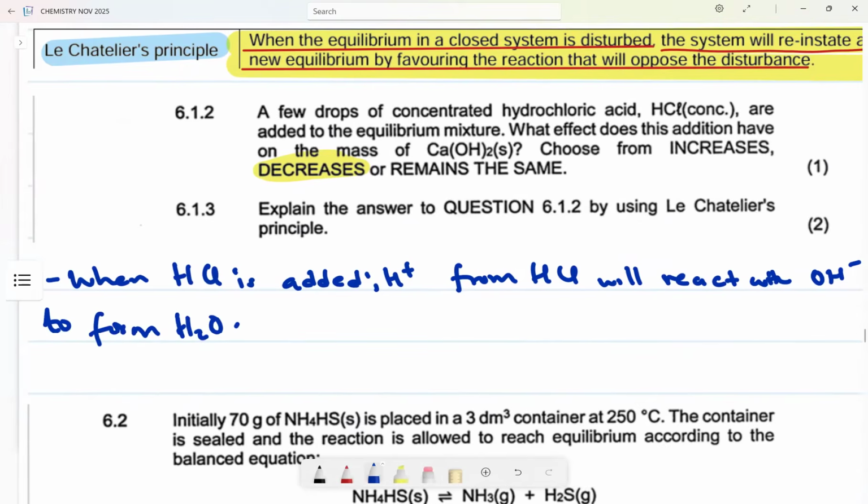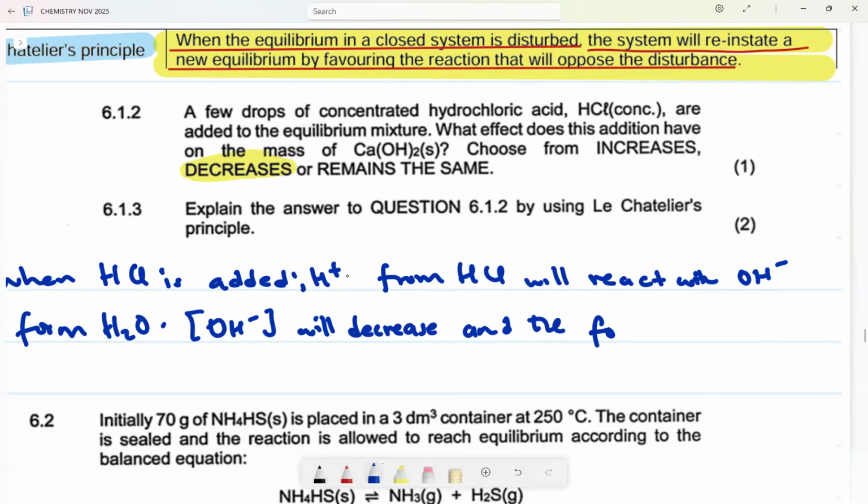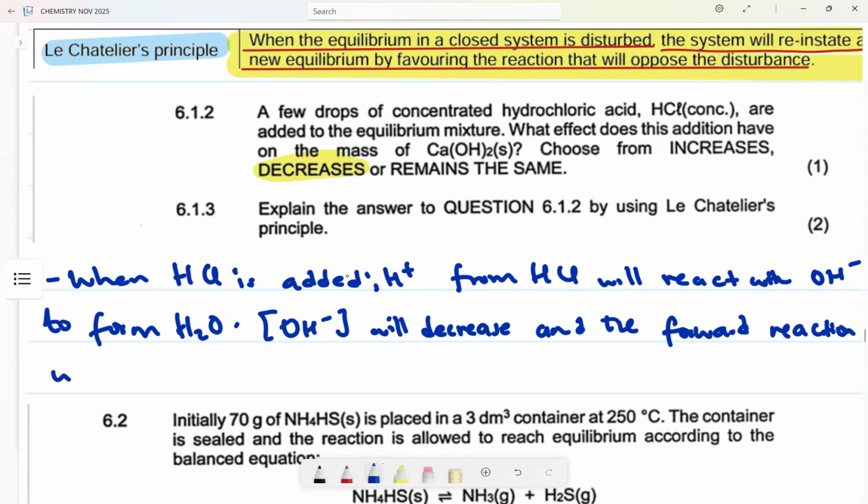And then when that happens, the concentration of OH minus will decrease. And when the concentration of that one decreases, the forward reaction will be favored.